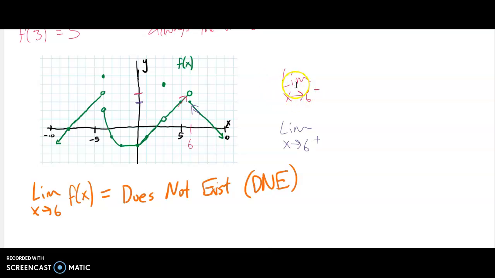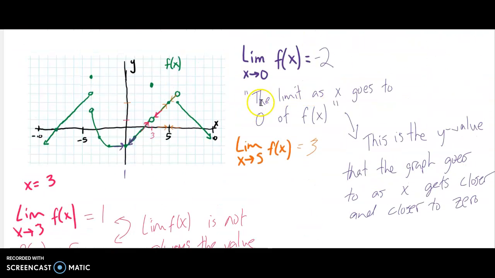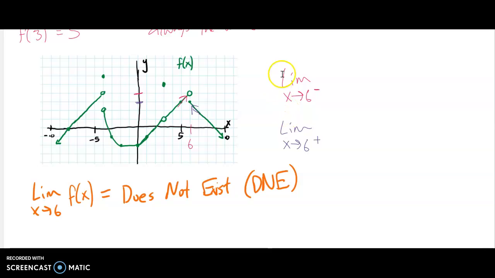I read this as the limit as x goes to 6 from the left, and this is the limit as x goes to 6 from the right.